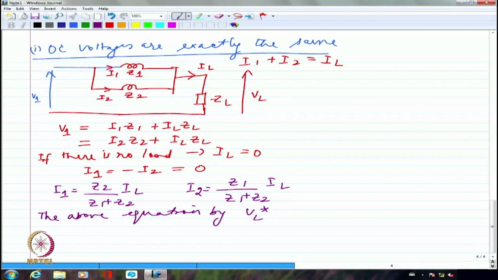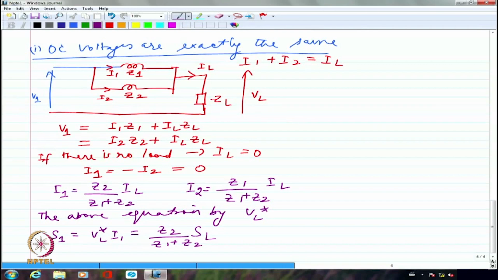So I will get basically S1, which is actually VL conjugate I1, will be equal to Z2 divided by Z1 plus Z2 multiplied by SL, where SL is the total load apparent power. So I'm getting this in P plus jQ format.